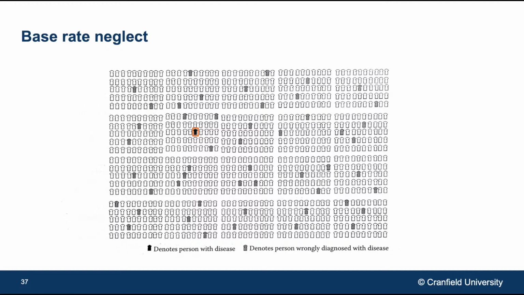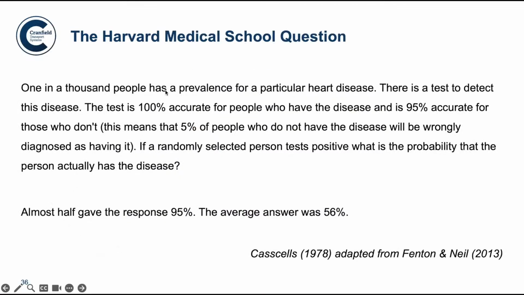And that is a common problem. It's called base rate neglect. We overlook this first sentence, really. It's that base rate that we forget. In the legal world, this has led to wrong convictions, where the evidence, or the interpretation of the evidence, has failed to take into account the base rate of something occurring in society.